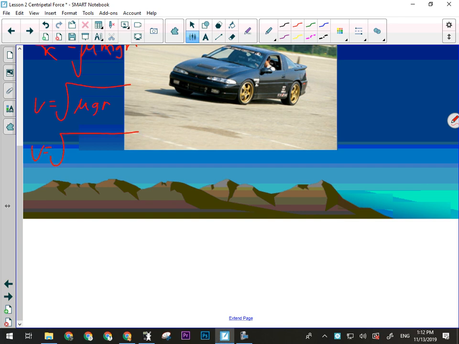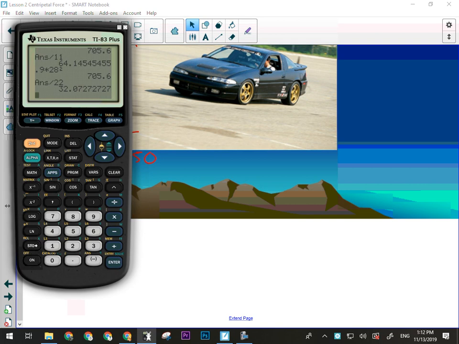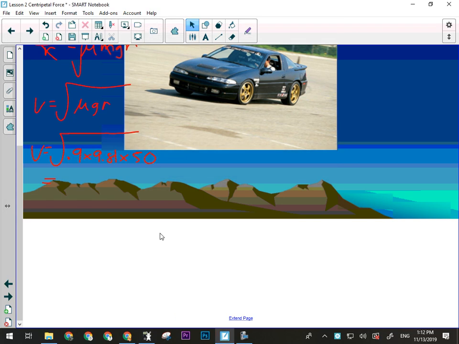Mu for the dry road was 0.9, multiplied by 9.81, multiplied by the radius of the corner, which was 50 meters. So that car can take that 50-meter corner at 21 meters per second under ideal dry conditions.